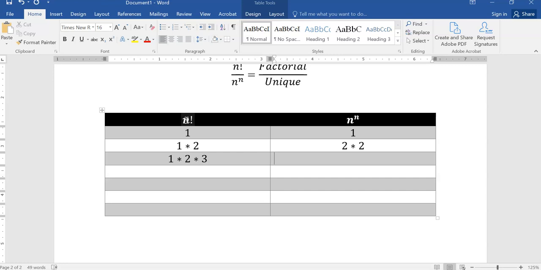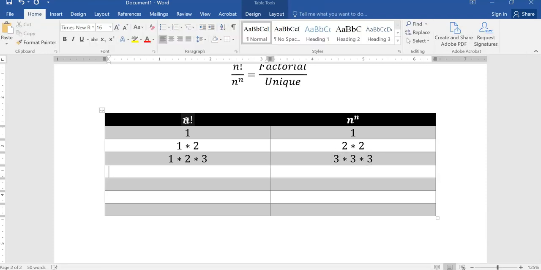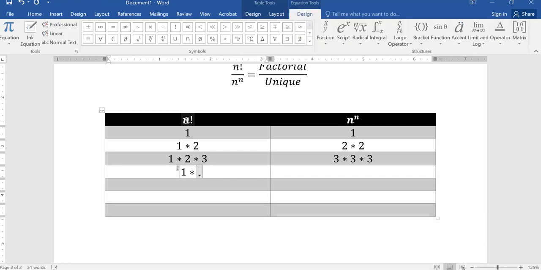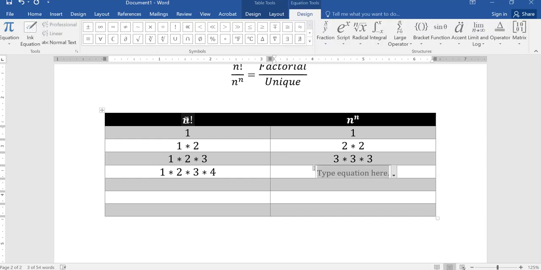If you plug in 3 to n to the nth, you end up with 3 times 3 times 3. Go to 4: n factorial is 1 times 2 times 3 times 4. N to the nth power is 4 times 4 times 4 times 4.